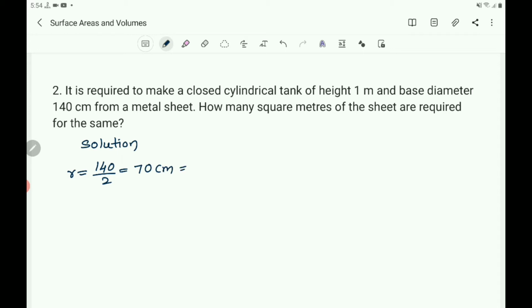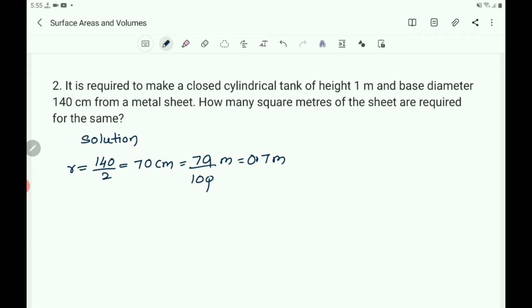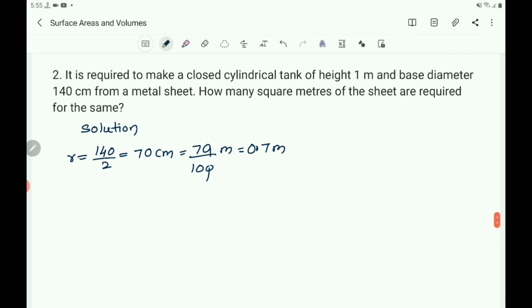And the height is in meter. So you convert this into meter, that is 70 by 100 meter, that becomes 0.7 meter. In terms of meter, the radius is 0.7 meter. Then next, height is given, you write h equals 1 meter.